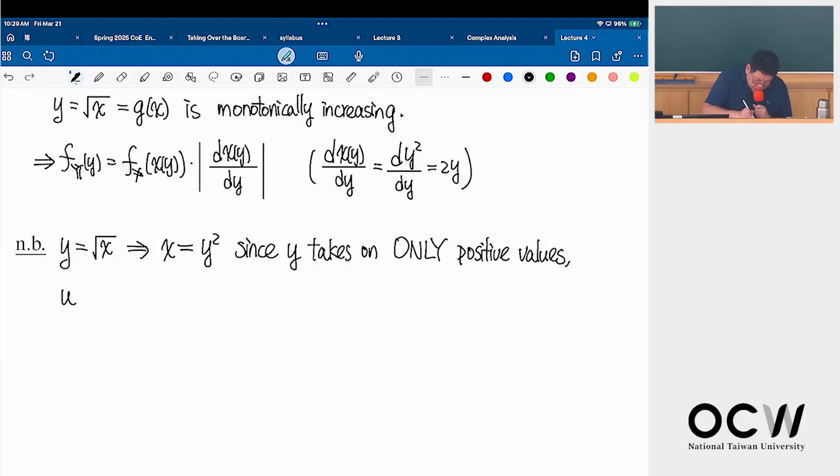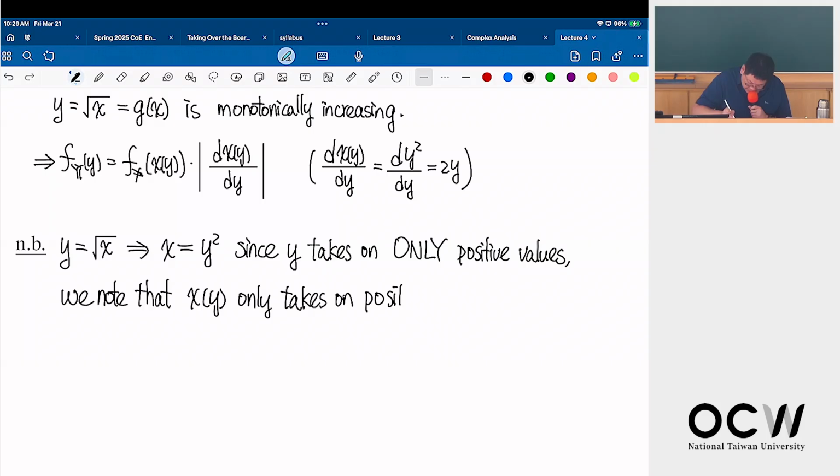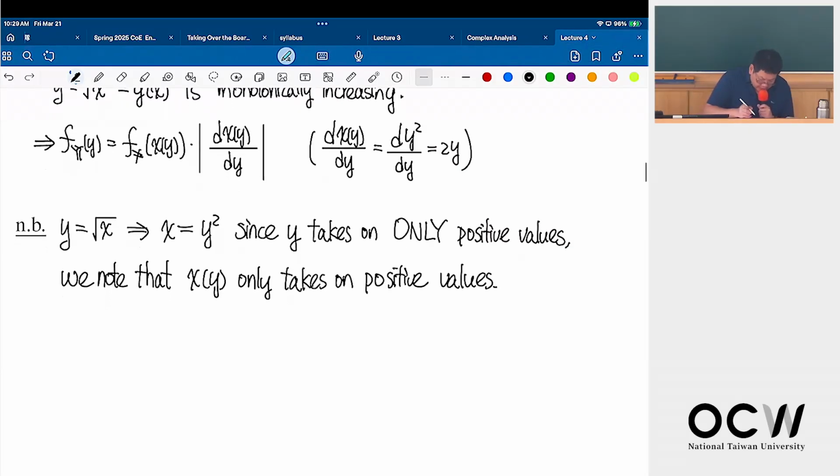We note the x of y only takes on positive values. Therefore, f of y is the PDF of x at y squared, and then absolute value of 2y.